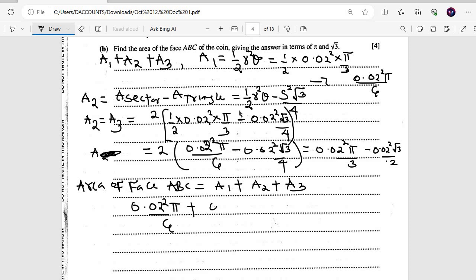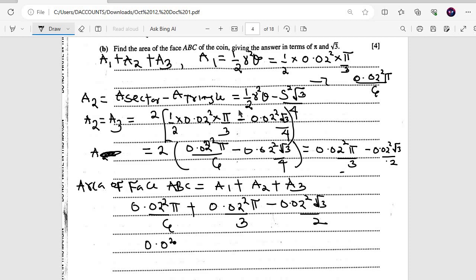My A2 is 0.02 squared pi over 3 minus 0.02 squared root 3 over 2. Oh, I've already added them together by multiplying by 2. This is A1 plus A2 plus A3.